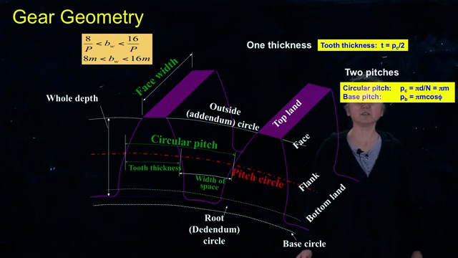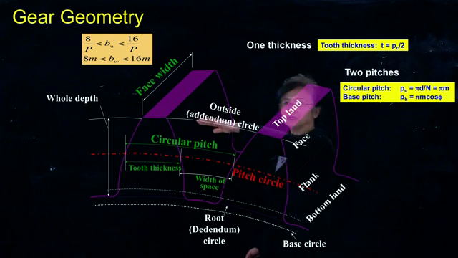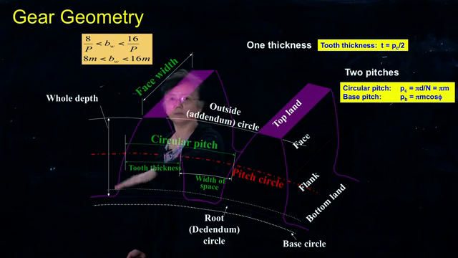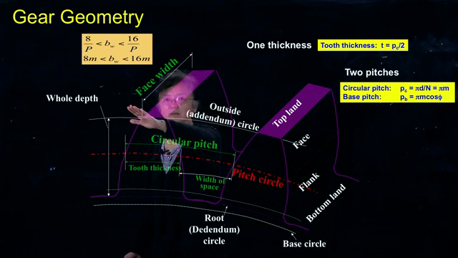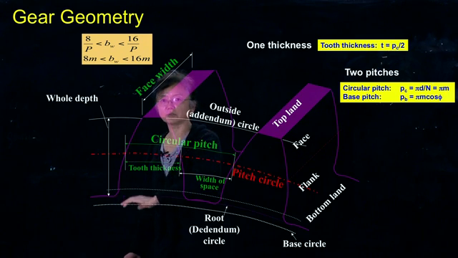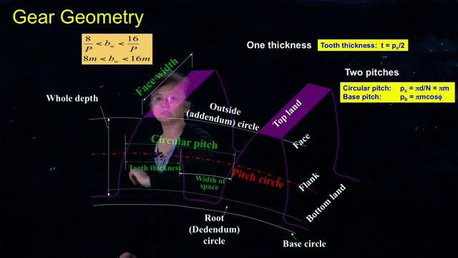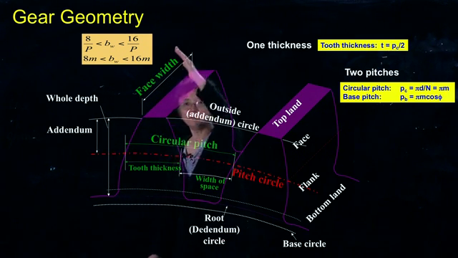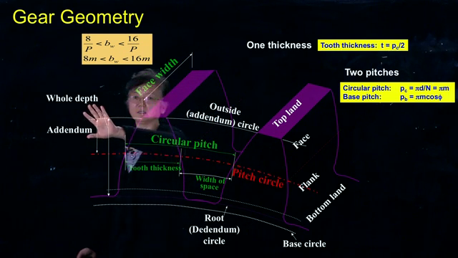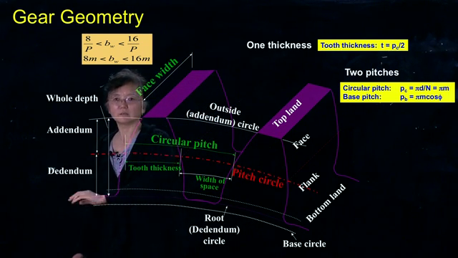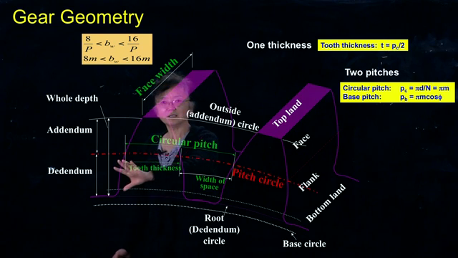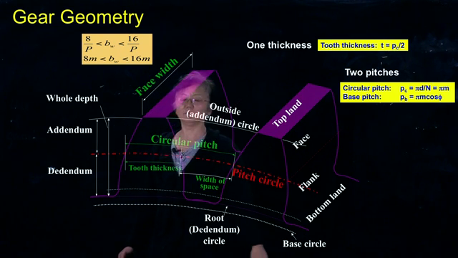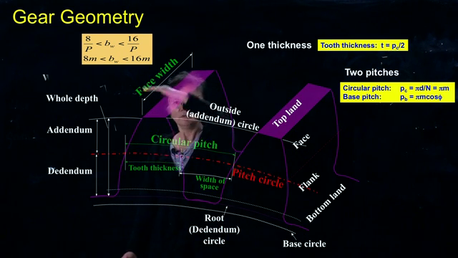Now, let's define the depth. Between the top land and the bottom land, or between the outside circle and the root circle, we define the whole depth. Above the pitch circle is the addendum. Below the pitch circle is the dedendum, and the dedendum is a little bit larger than the addendum.